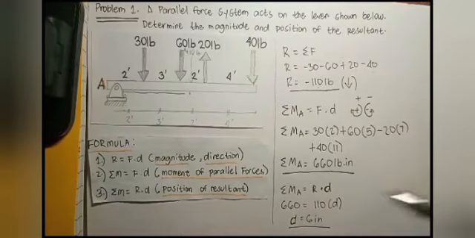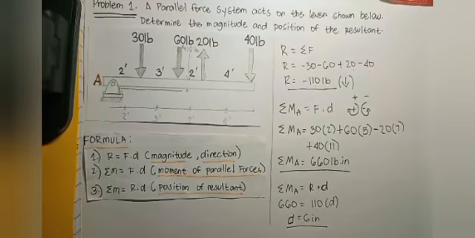We're not going to consider the sign, because the negative sign only means that the force is going down and the positive sign is going upward. Then let's write 110 times D. If we put it in a calculator, the answer will be D equals 6 inches.